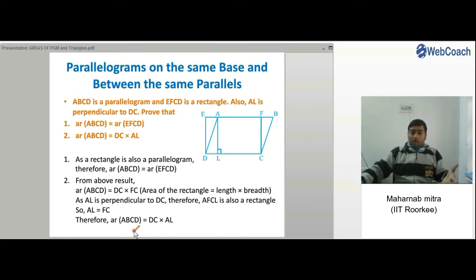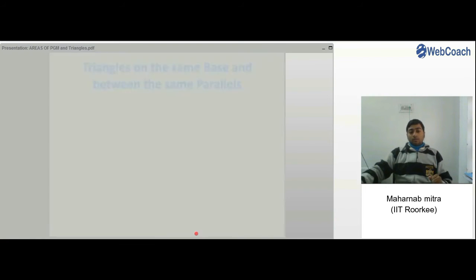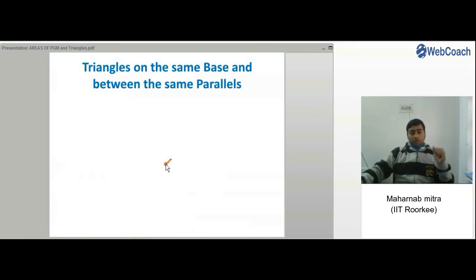The area of any parallelogram is base into the altitude, or the distance between the two parallel sides, of which one of the sides must be the base, right? Base times the altitude is the area of any parallelogram. So this is an extra information which you can get from this question. So let us move on to the next topic, triangles on the same base and between the same parallels.